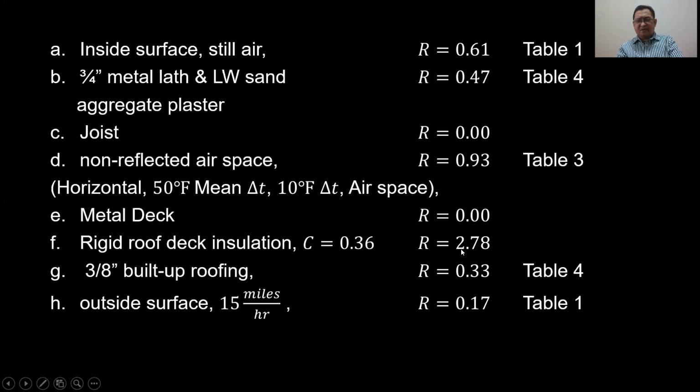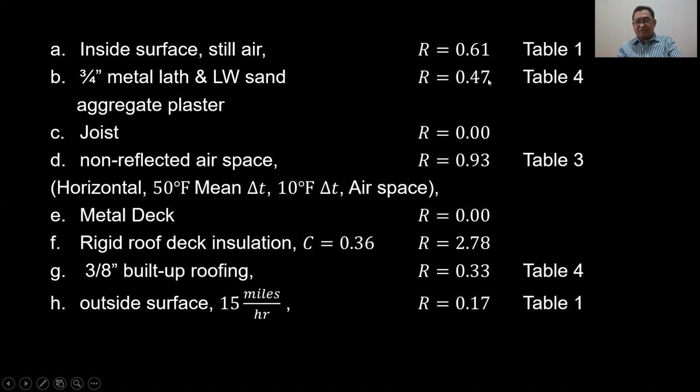We have the resistance value of R equals 2.78 for it. 3/8-inch built-up roofing, the resistance will be R is equal to 0.33 from table 4, and the outside surface, as mentioned earlier, considering the winter wind velocity of 15 miles per hour, the resistance will be 0.17 taken from table 1.